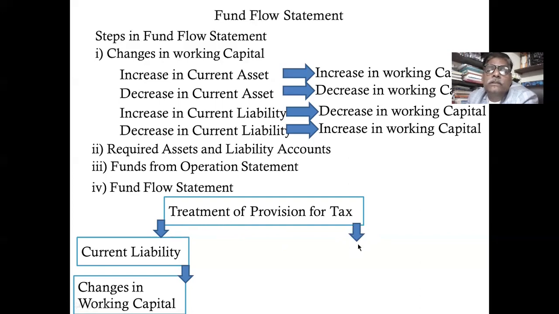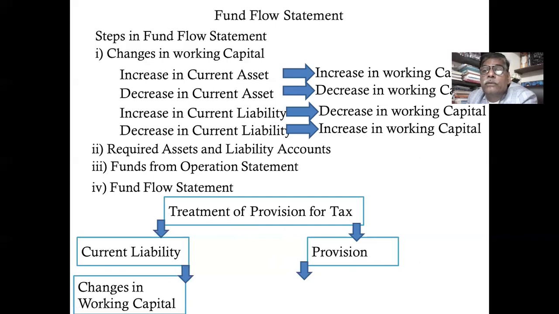The second point is that it is treated as a provision. Provision for tax is a provision, meaning a liability, not a current liability. If it is treated as a provision, then you have to make an adjustment. You prepare the provision for tax account first.